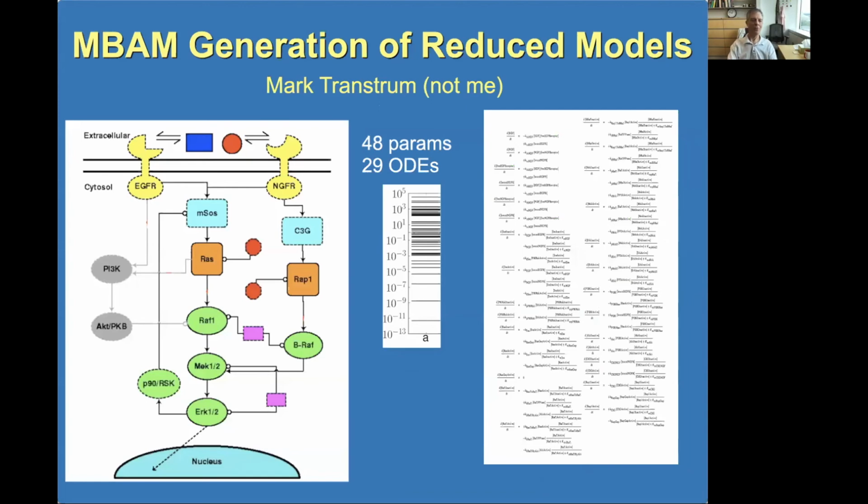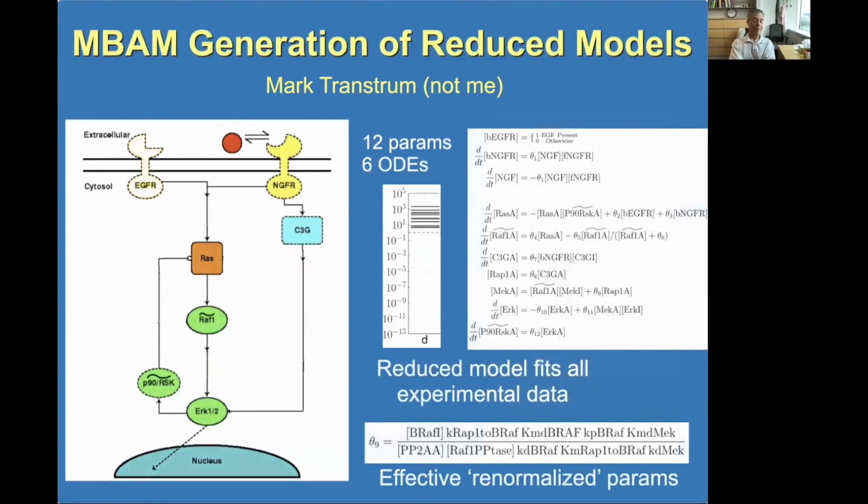So here's where he started with 48 parameters and 29 differential equations. And he ended up doing this procedure 36 times, reducing it to 12 parameters and 6 differential equations.